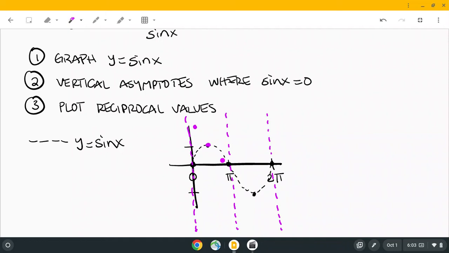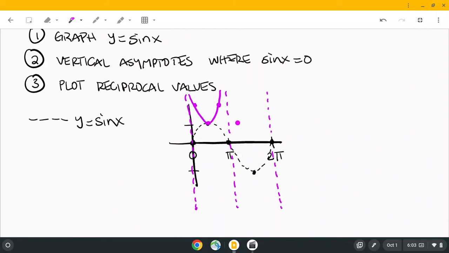Same thing here. At 150 degrees, the sine is 1/2, so right here, cosecant will be 2. And so what we end up with is kind of like a parabola. And then the same thing over here. Over here at, what is that?